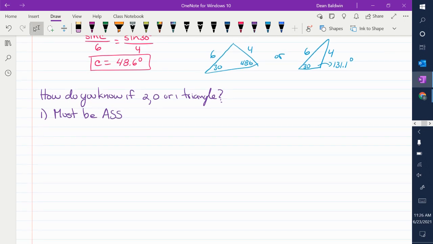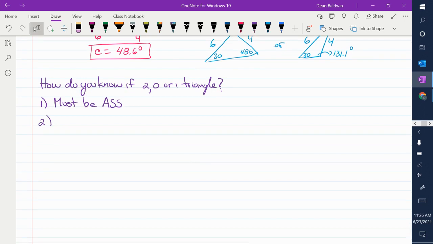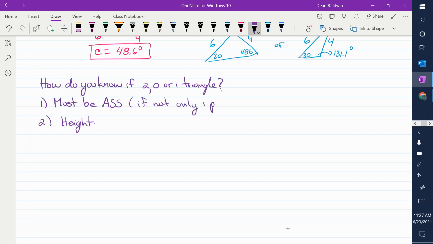How do you know? So if it's not angle side side, you just stop and you go, there's only one possible answer. Okay? So let's say if not, only one possible, unless I made some weird mistake, but it'll only be one. Okay?